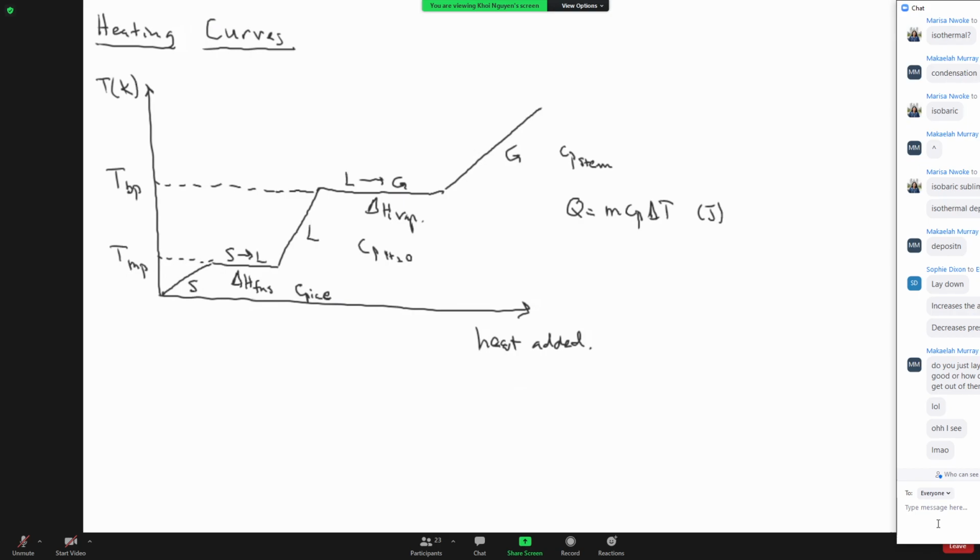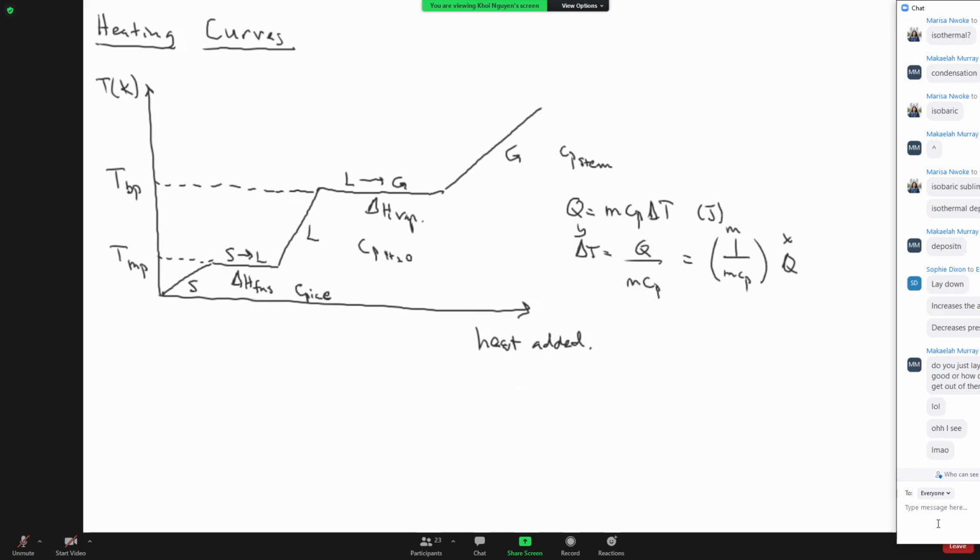So if we rewrote it, delta T would be equal to Q over mCp, right? Where Q is your x-axis, and we rewrite it as 1 over mCp times Q. This is your x, this is your slope, and this is your y, respectively, right?